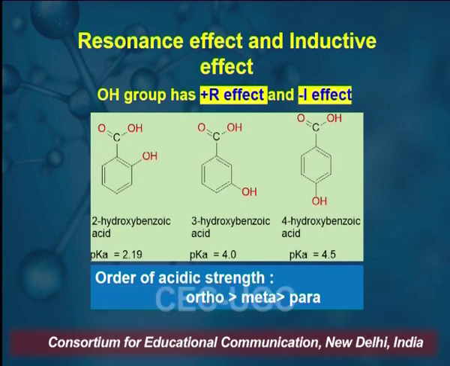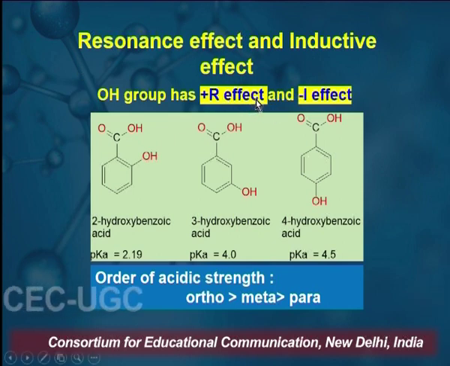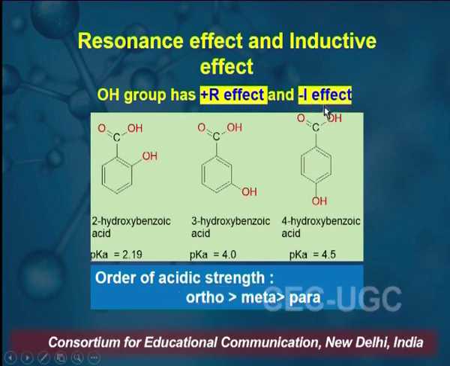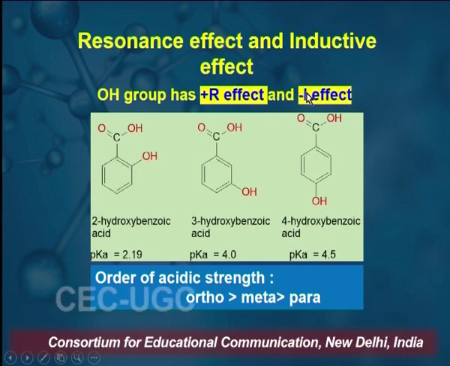So, when the OH group has a plus R effect, due to the plus R effect it is going to release electrons towards the benzene ring, and therefore it will decrease the acidic strength. So, here the plus R effect is not of importance to us. The governing factor here will be the minus I effect, through which electrons will be withdrawn from the ring and therefore will stabilize the carboxylate ion.